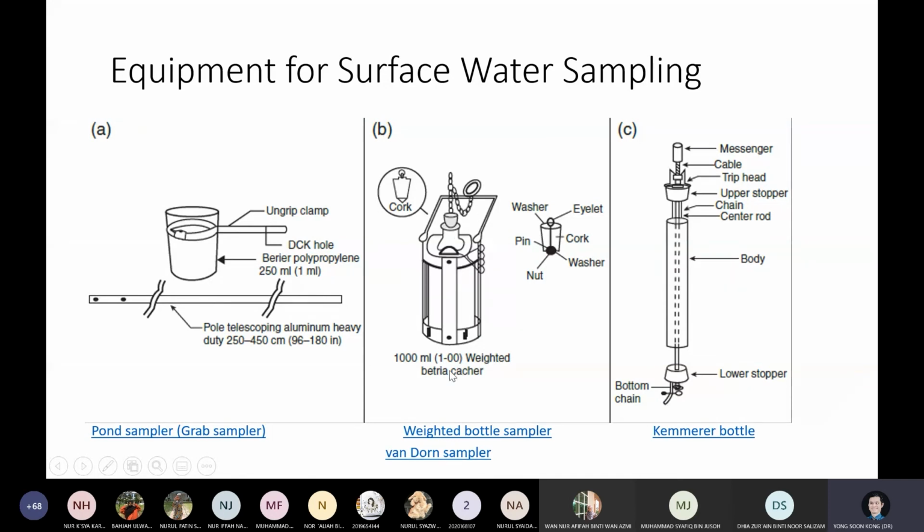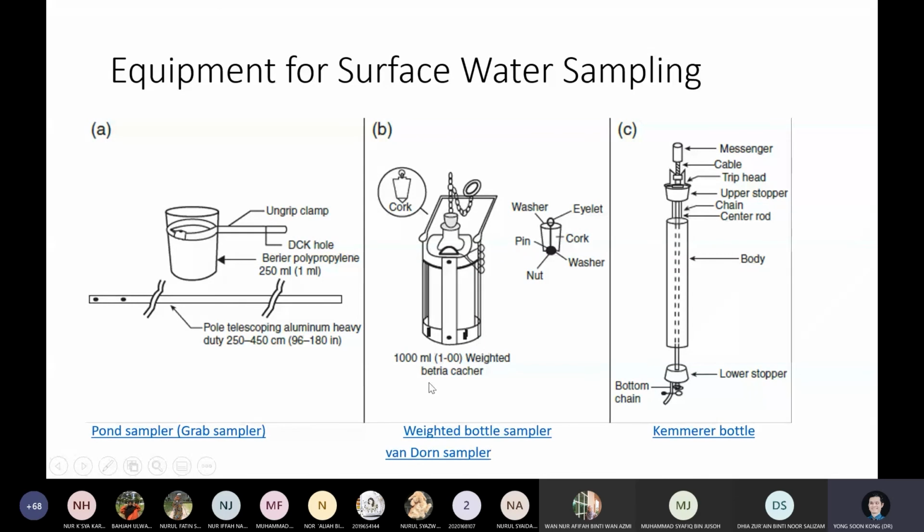Once it is immersed in the river water, you just pull a trigger, and this cork will be released and open, and all the water will flow in. Once it has finished flowing in, you just take out the entire thing. There you go. You have one reagent bottle full of river water. But then again, it is still not practical. Do you know why?